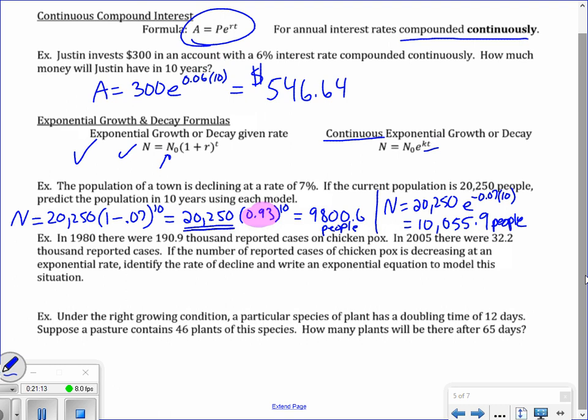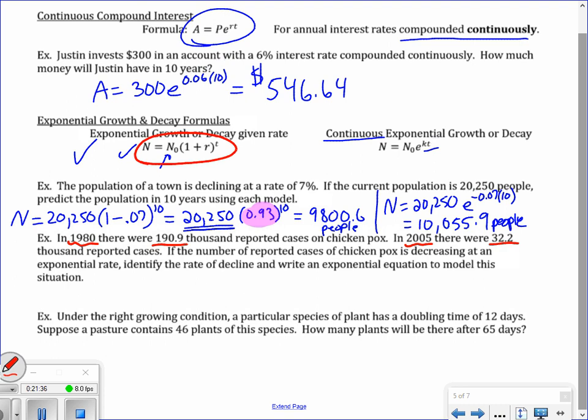Okay, so it's like I have two pieces of information. Okay, so what happened here is I started with this many chickenpox cases. It went down to here, and it took from 1980 to 2005. It took 25 years to do that. So in a way, I have all the things that I need here except for one thing.